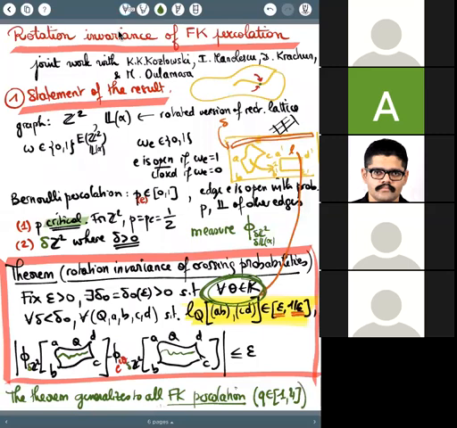But I just wanted to mention that it extends to all these percolation models, and that this is maybe one of the most interesting aspects of the theorem, that it is actually fairly robust. Okay, but I'm going to try to simplify as much as possible, and already you are going to see it's not that simple. So I'm going to ignore this generalization to FK percolation and focus on Bernoulli percolation.